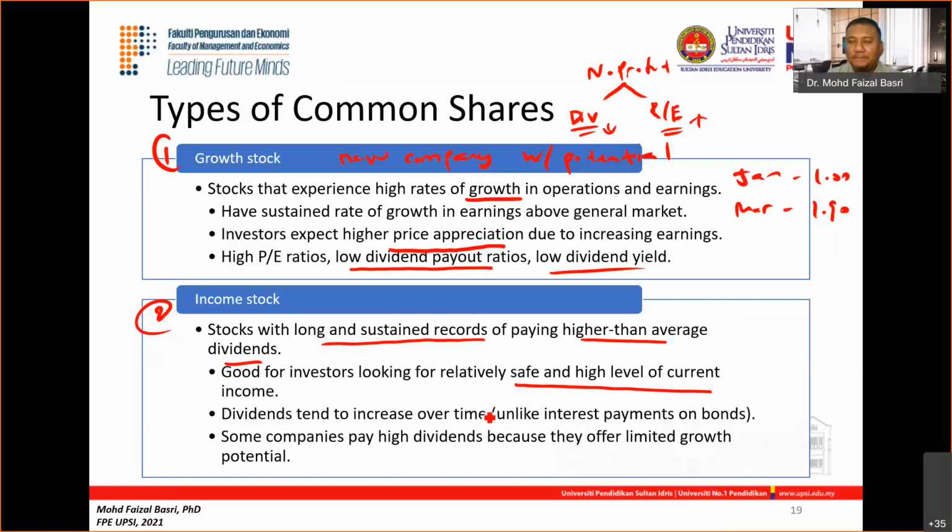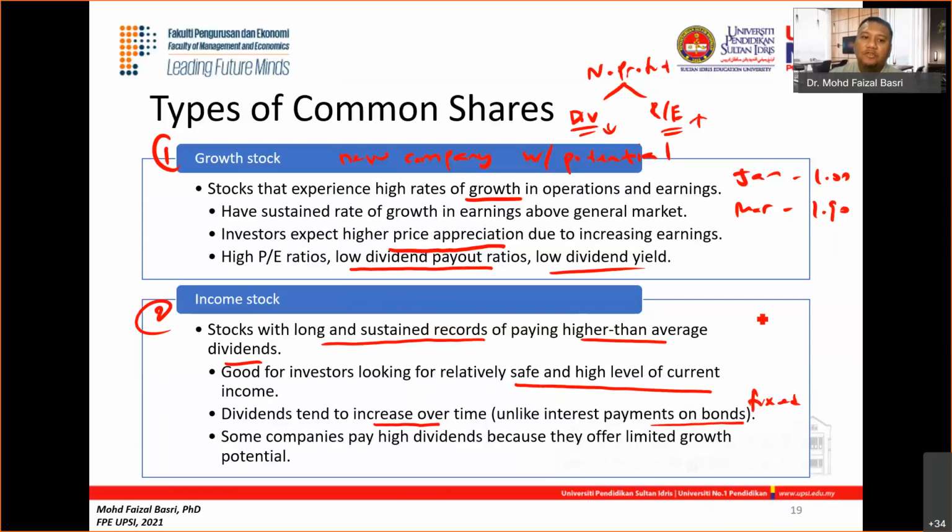So for those who are considered low risk takers, this is the type of stock you should invest in, income stocks. Dividends tend to increase over time. Unlike bonds, if you recall, where the returns are fixed, if you invest in common stocks, the return will not be fixed, but instead it will increase from time to time.